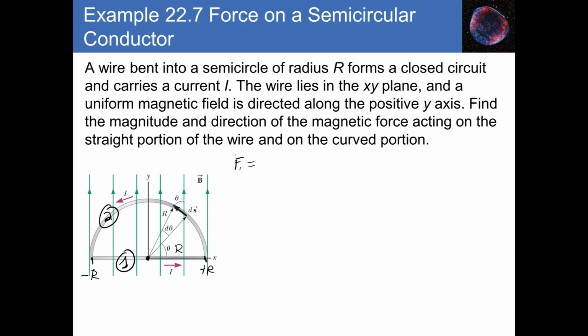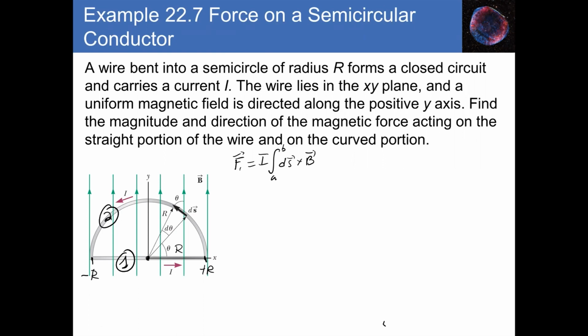All right, so using the equation for the force, this is equal to current times the integral going from point A to point B of ds cross B. That's my general equation.